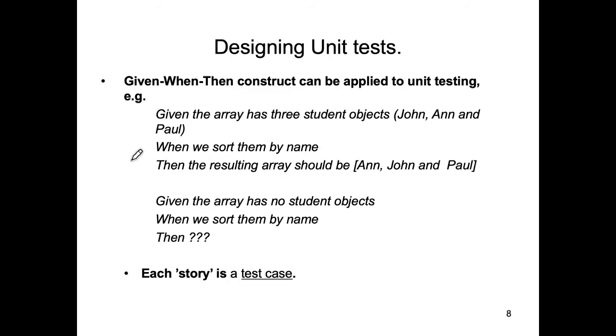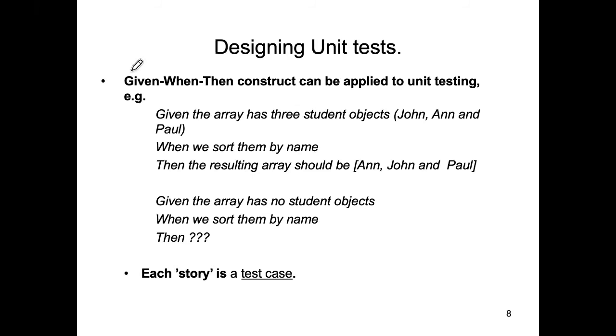Now we're back to unit testing, our testing and designing good tests. And in particular, I'm just narrowing into unit tests at this stage. And I'm saying that this given, when, then structure can actually be quite useful when you're trying to come up with good tests for a unit within your application, or indeed when you're doing system testing.